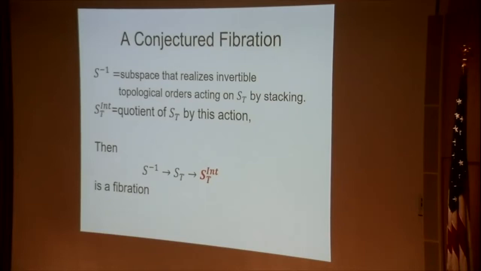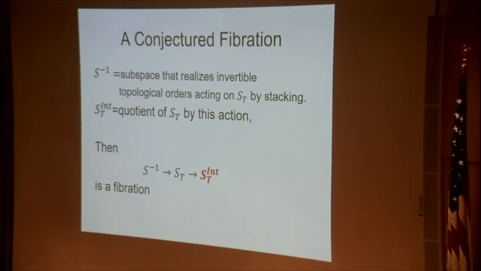And you can take any topological order, stack on a so-called invertible one, and that's an action. You can just take the quotient space. And that's what I call the intrinsic part. And I claim there should be a fibration like this. Actually, I cannot even decide if it's a product or not. I think the homotopy group seems like a product. So for now, I will just work on this guy, which I call the intrinsic part, which is modulo all the invertible ones.